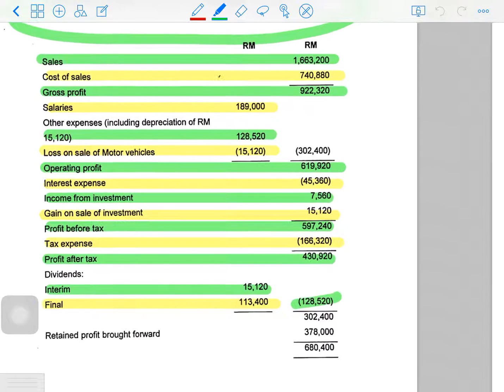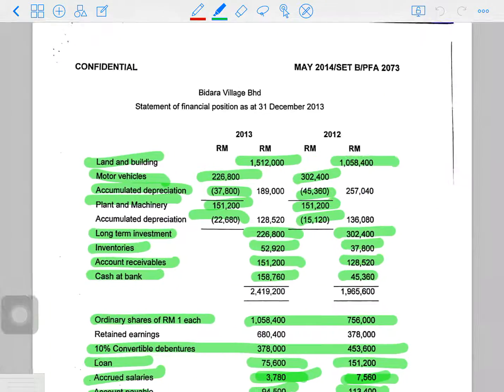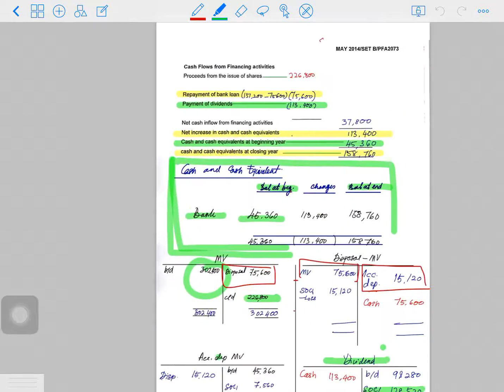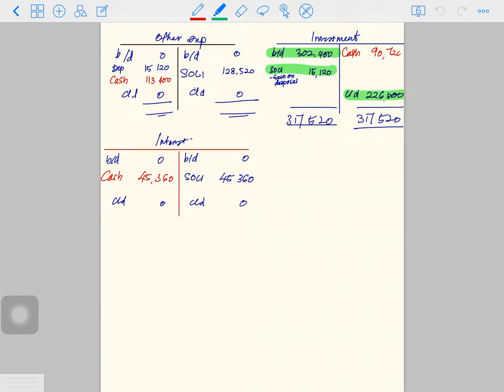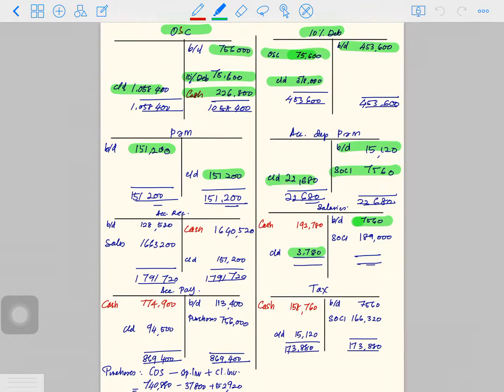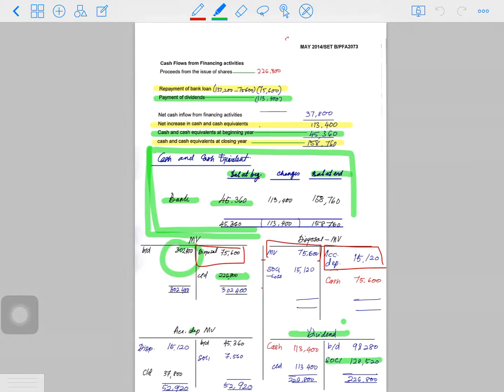So maknanya income from investment ni kita tengok ada tak prepayment, accrual, tak ada kan? Dia tak ada accrual, dia tak ada prepayment. Maknanya amount yang kita receive is the amount in cash.